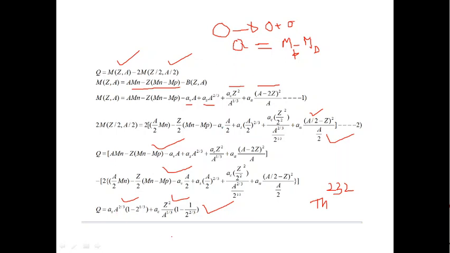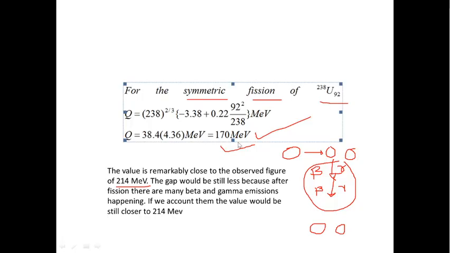There is no Z here. Yeah, Z is there, so I need the value of Z. If Z is given to you, let's say 90, then you put Z equal to 90 and A as 232. Solve this equation and you will get the value of Q. So this is a general expression, and for different elements the A and Z values are different, so the Q's are going to be different for each one of them.